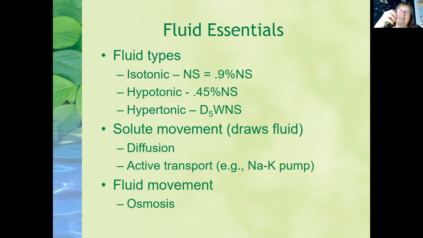Hypotonic means that there is less tonicity, right? Hypo, less. And an example there is half strength normal saline, 0.45 normal saline. Hypertonic solutions have a greater tonicity, greater concentration of solute, and that example there would be D5W in normal saline.